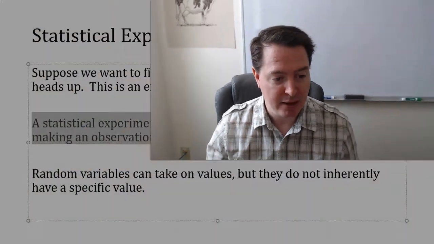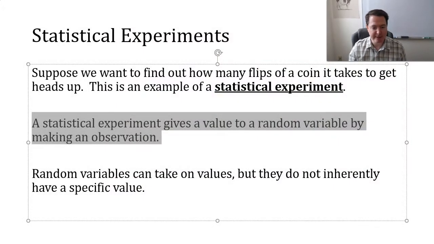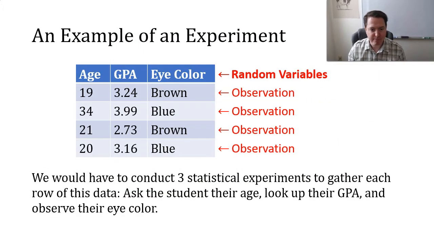Okay, so I want to give kind of a picture of what things would look like in Minitab. Okay, we would have columns of data, and at the top of the column it would say what the type of data is, and then below that it would say the data. Right, so I've got age, GPA, and eye color.